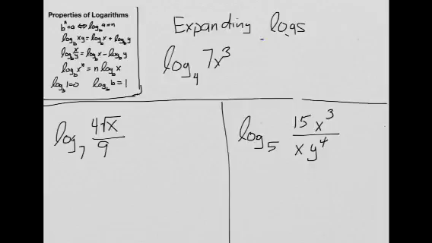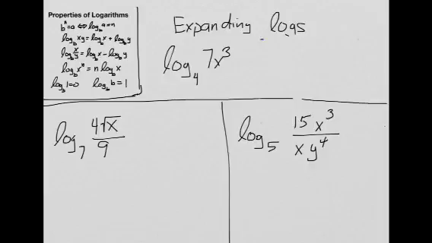On this first one, we've got 7 times x to the third. And also, to see why we have to go backwards, this third power is only on the x. It's not doing anything with the 7. So I can't do anything with that third power till I get rid of the 7. I undo that. So I'm first going to deal with the multiplication. Then I deal with the power.